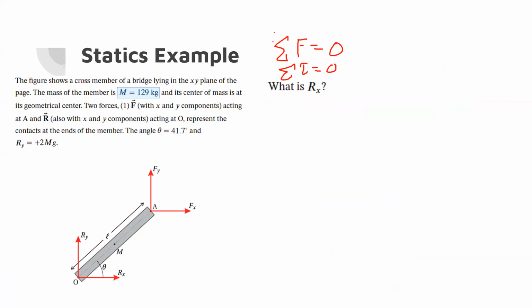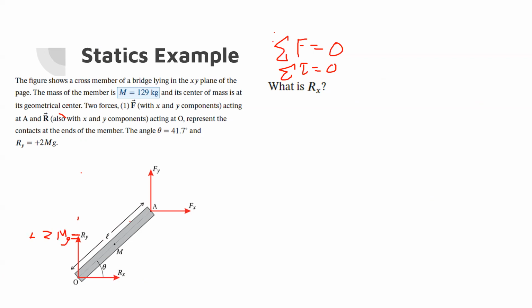It says the figure shows a cross member of a bridge lying in the XY plane of the page. The mass of the member is M equals 129 kilograms, and its center of mass is at its geometrical center. Two forces, F and R, are acting at O and A, and it gives us an angle and the magnitude of this component, R sub y, which is going to be equal to 2 plus 2 times mg.